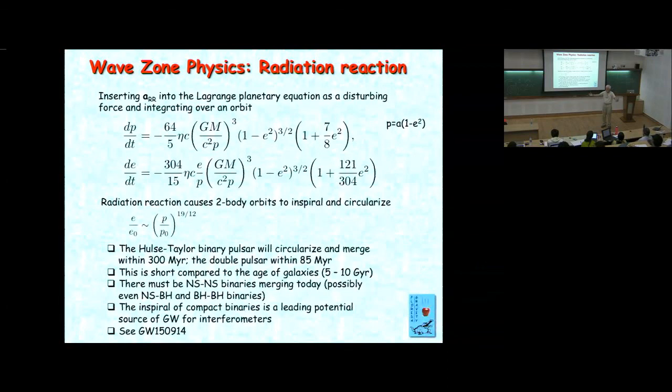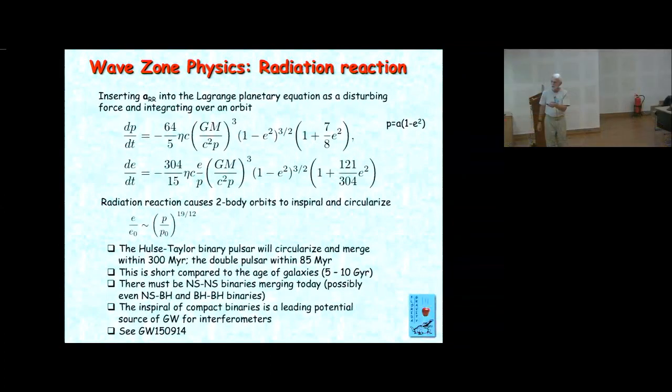But the whole system could be embedded in some gas, and so the strong curvature of space-time could cause the gas to heat up and emit light. But one expects any electromagnetic signal from this kind of system to be rather weak, but a lot of people are working on that possibility. What kind of signal could you get, and could you detect it with various astronomical telescopes? It's an active area of research, but what you get from this will be much less than what you get from that.